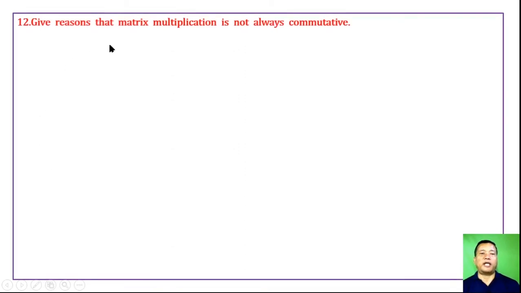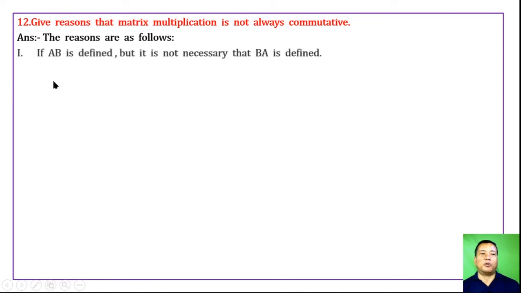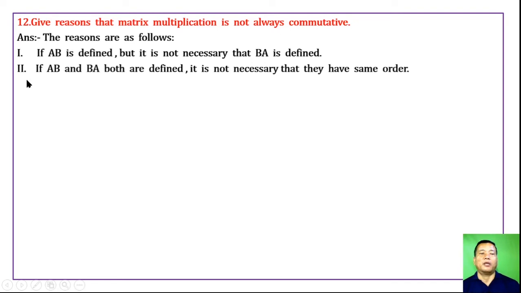Give reasons that matrix multiplication is not always commutative. The reasons are as follows. Reason 1: if product AB is defined, it is not necessary that BA is defined. Reason 2: if AB and BA both are defined, it is not necessary that they have the same order.